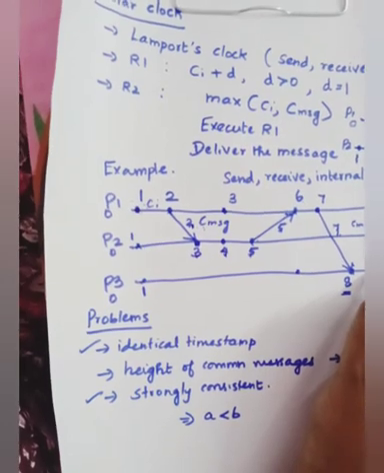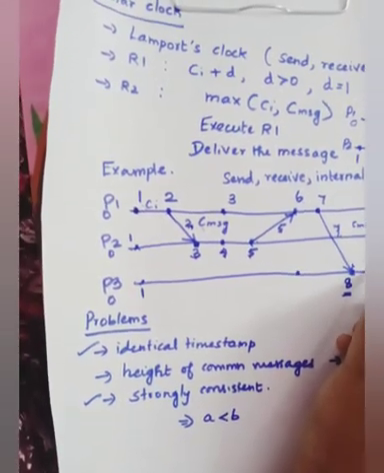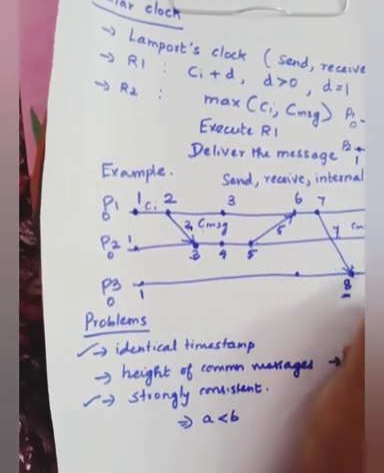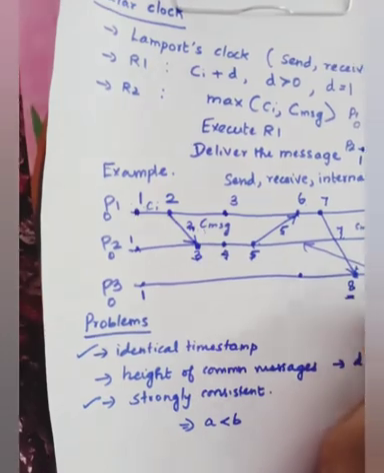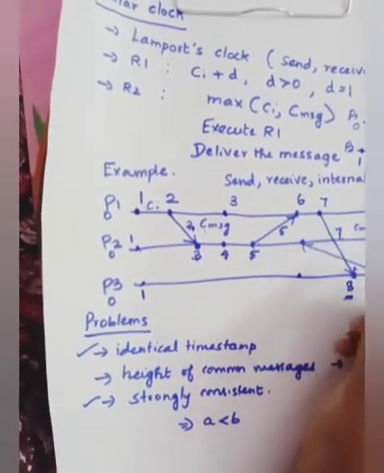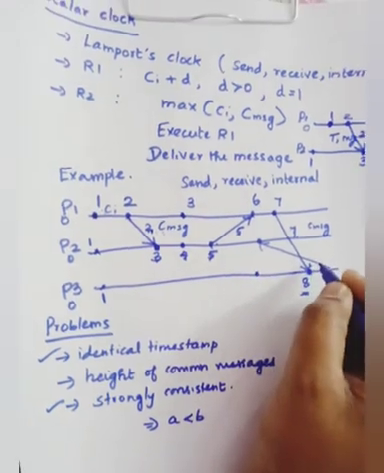According to happen before relation, the message sent at 9 should be received after the previous last message. But what happens here is, assume the message is received here. So it is not a happen before relation, it is not taking place in order.